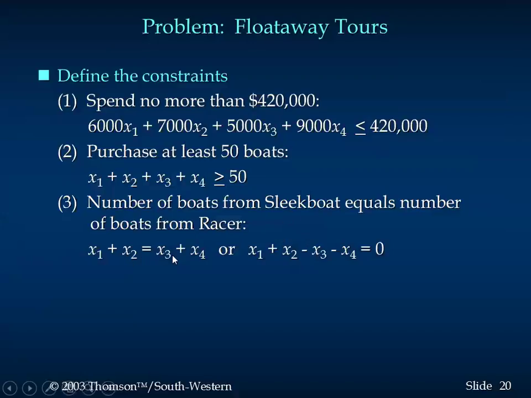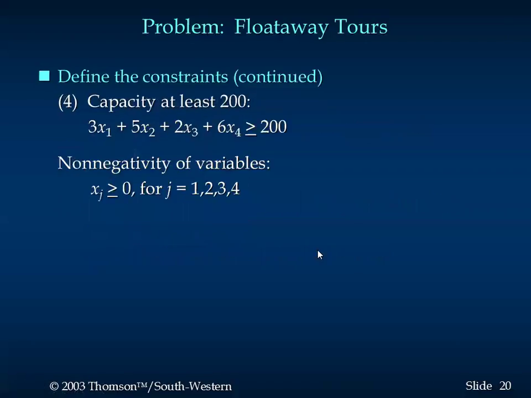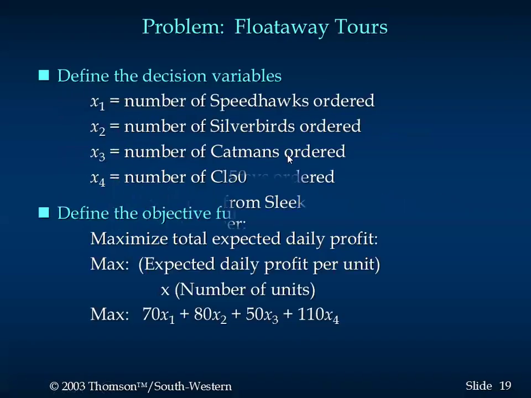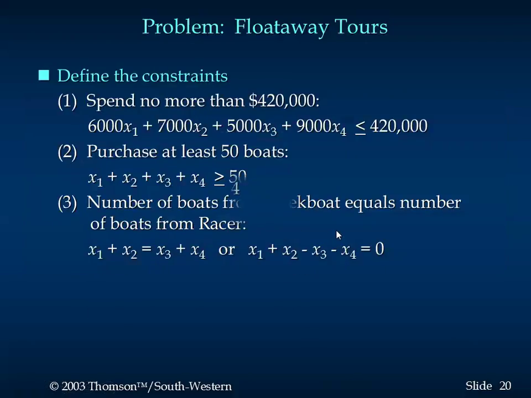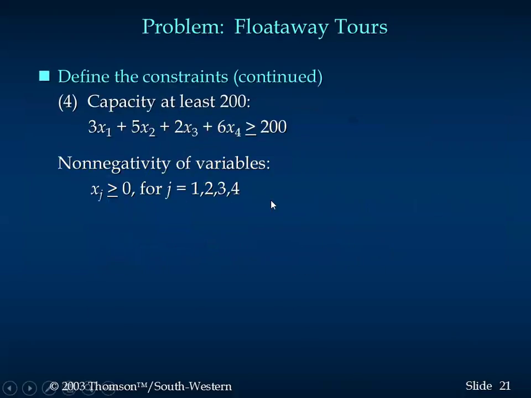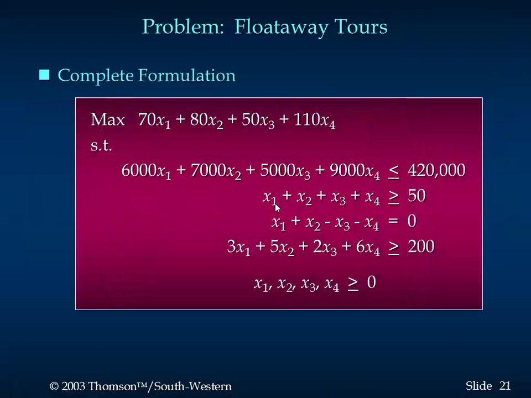So X1 plus X2 should equal X3 plus X4, so X1 plus X2 minus X3 minus X4 should be equal to 0. And capacity should be at least 200. So 3X1 plus 5X2 plus 2X3 plus 6X4 should be greater than or equal to 200. And of course, all variables are non-negative. So this is the formulation.